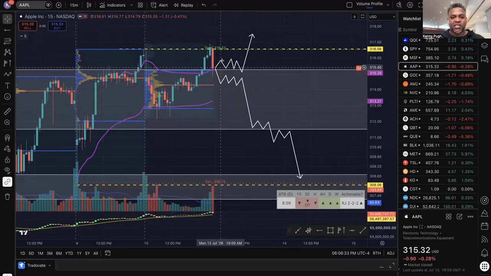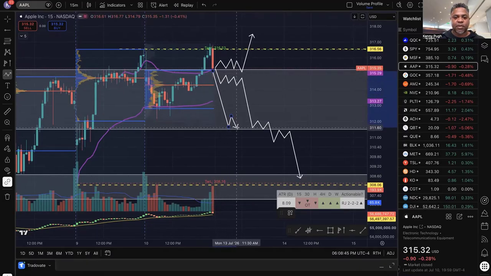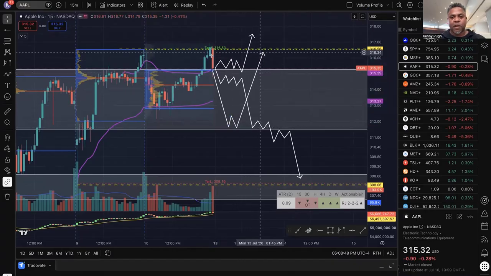So this is one scenario. Another scenario is, as I gave it initially, break down inside, accept, and then come back up and break out. We can also drop down to this side and target the city below.